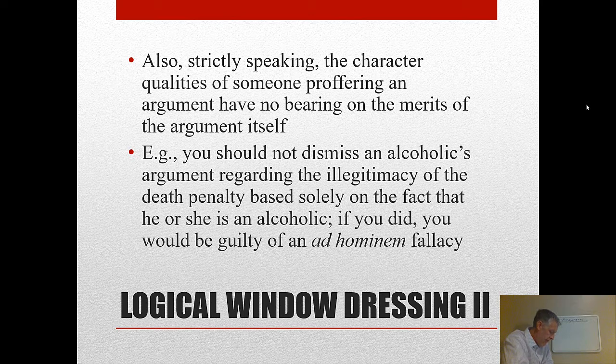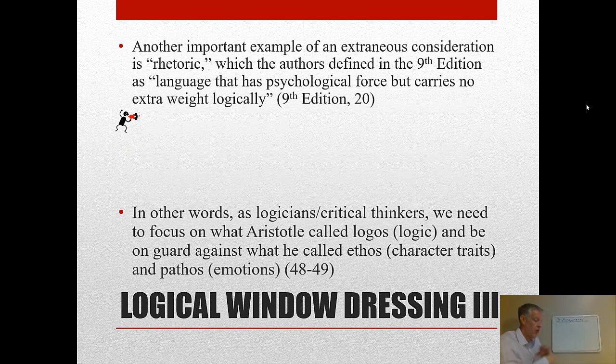Another feature I point out, at the top of 23, of things you want to be on guard against, and we will go through a whole slew of rhetorical devices in the last section of the course, section 4, is rhetoric, which the authors in the 9th edition defined, and I like this definition, as, quote, language that has psychological force but carries no extra weight logically. So from a logician's perspective, it's like extra unnecessary baggage.